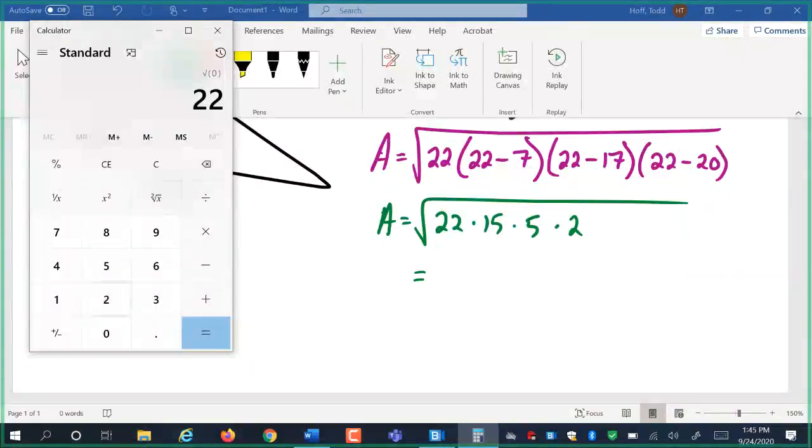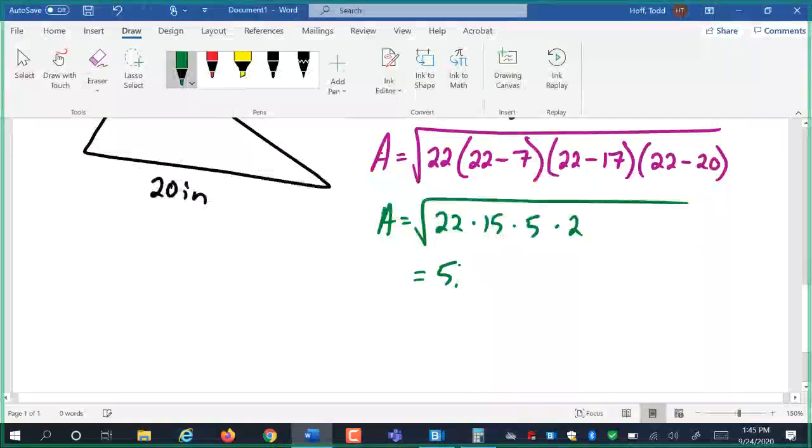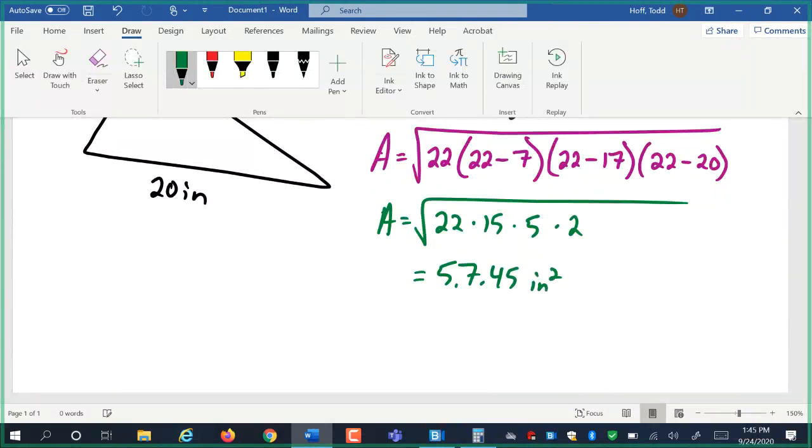So 22 times 15 times 5 times 2. 57.45 we get as our area. Those lengths were in inches, so that is square inches for area.